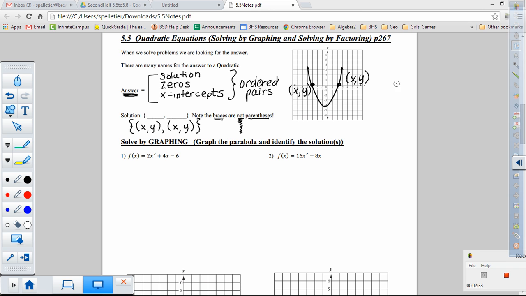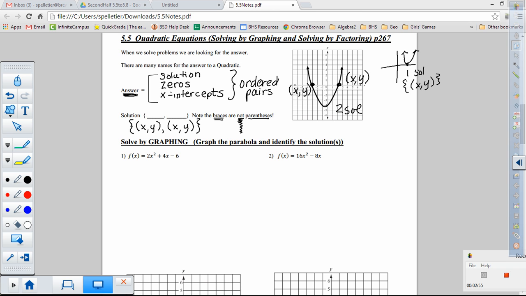Okay, so let's think about that. One solution would be where the parabola's vertex is the x-intercept. That would be one solution, so we would just have this brace with the one point where it crosses. Or we could have two solutions, like I have over here, and we would write it just the way I showed you.